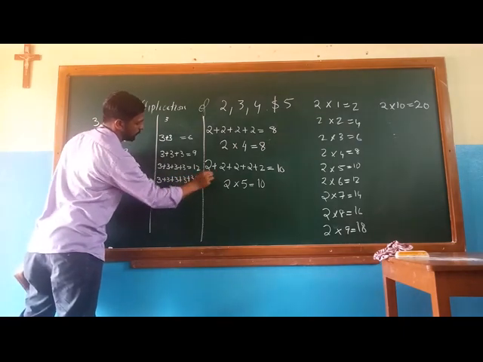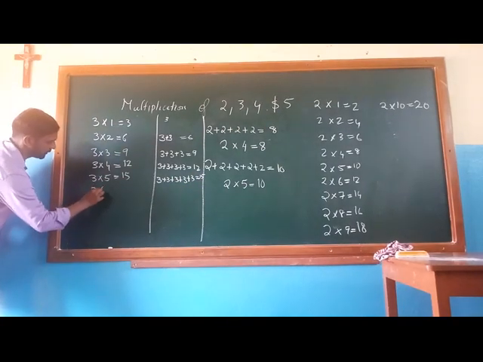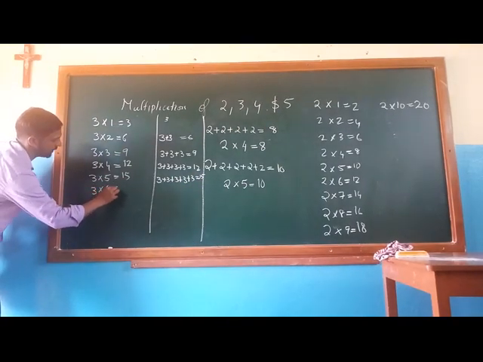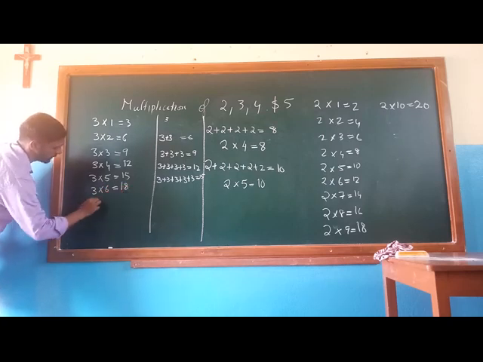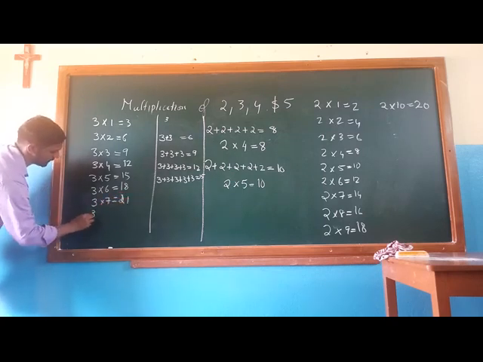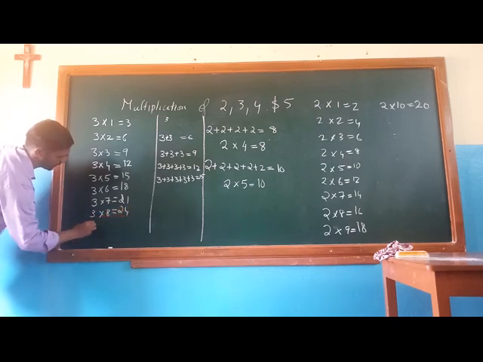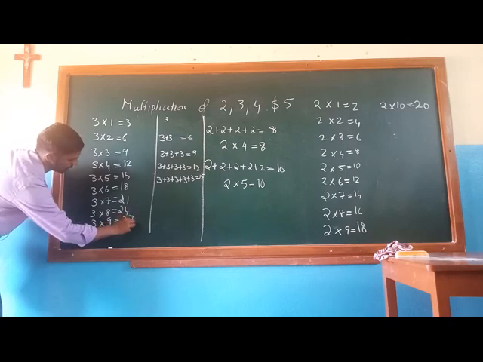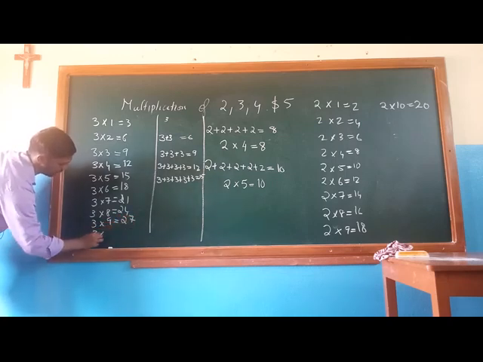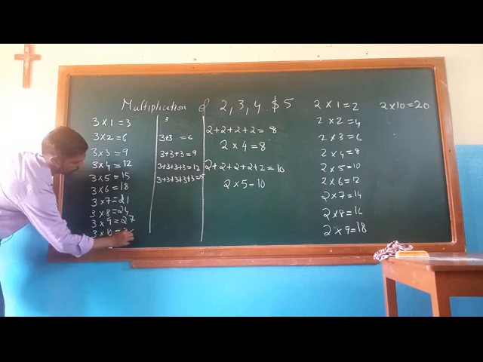So that is 15. So it will go on. 3 times 6 is 18. 3 times 7 is 21. 3 times 8 is 24. 3 times 9 is 27. 3 times 10 is 30.